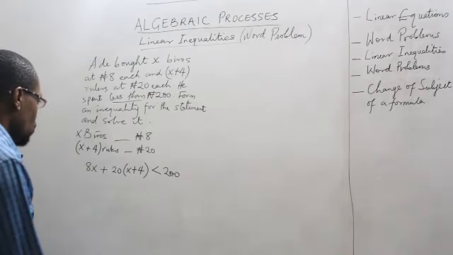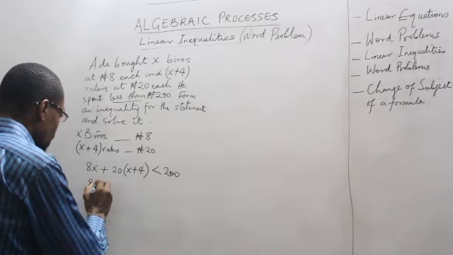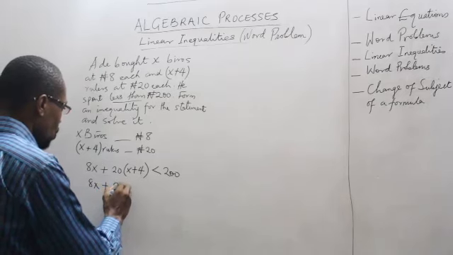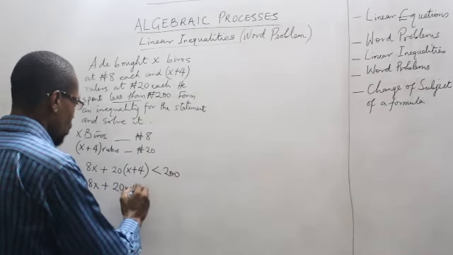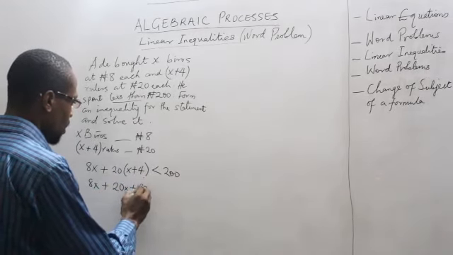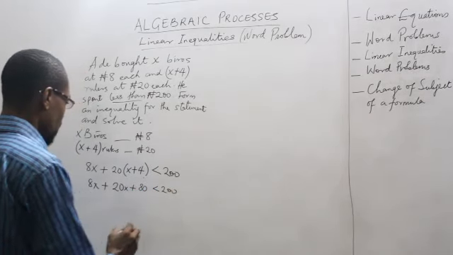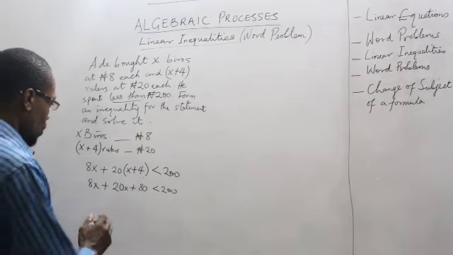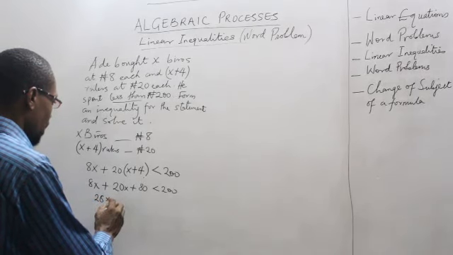So what do we do? We open up the bracket. We say 8x plus 20x plus 20 times 4, which gives us 80, is less than 200. Again, we collect like terms. 8x plus 20x gives us 28x.